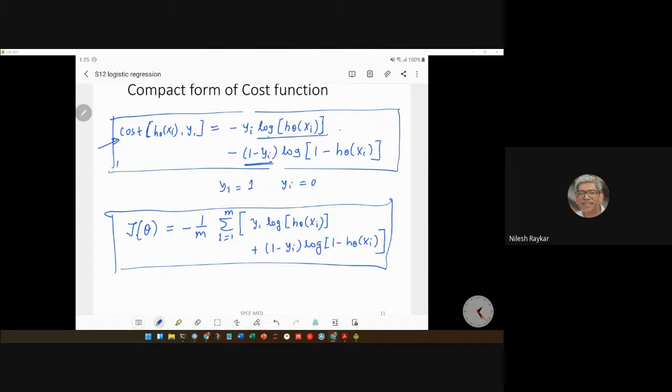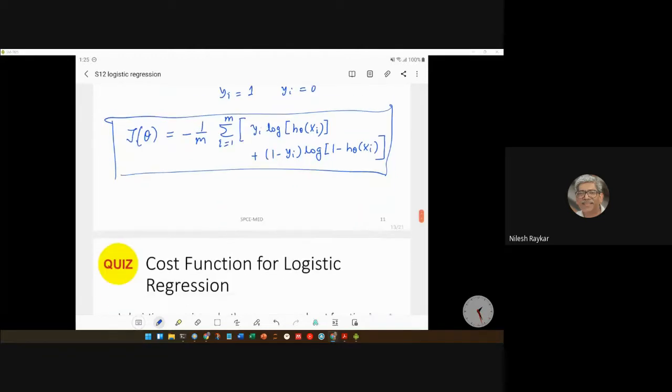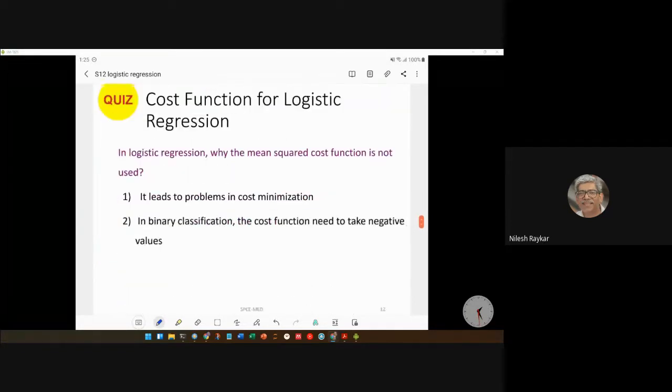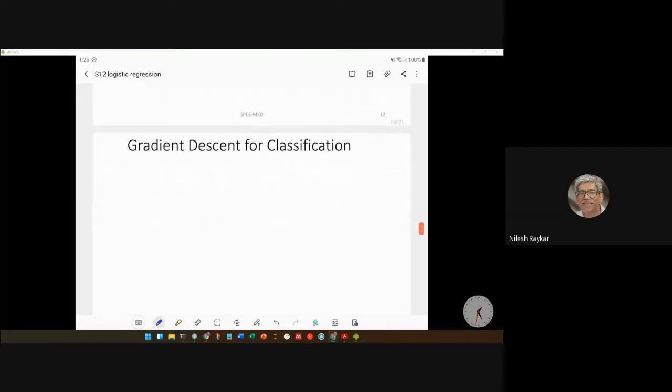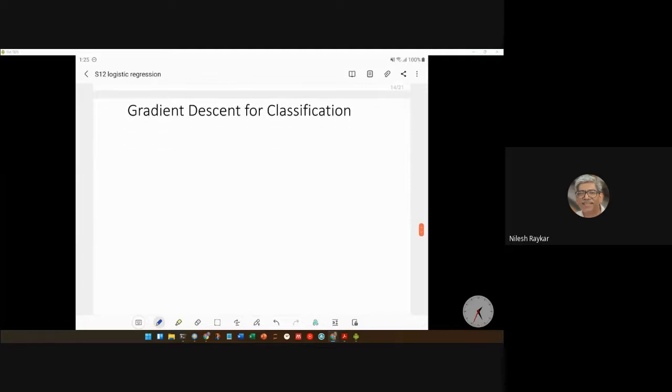So using this function, if you implement gradient descent onto this, so I will just skip this quiz because we are short of time. So if you implement gradient descent for this particular problem, gradient descent is we get theta j new as theta j minus alpha times delta j theta, where j theta is what we defined in the previous slide, divided by delta theta j.